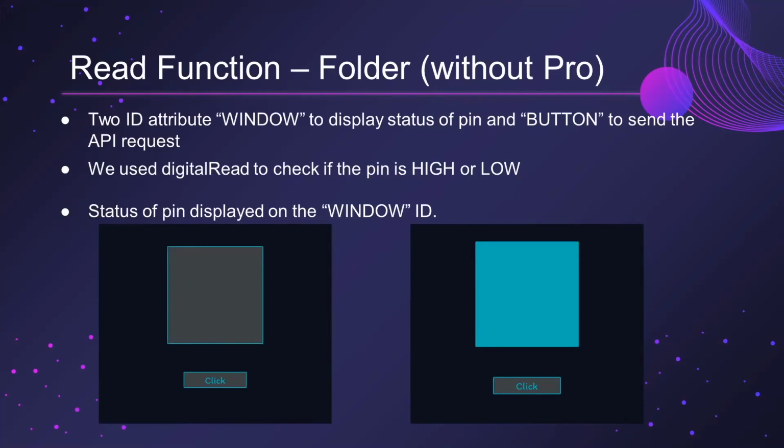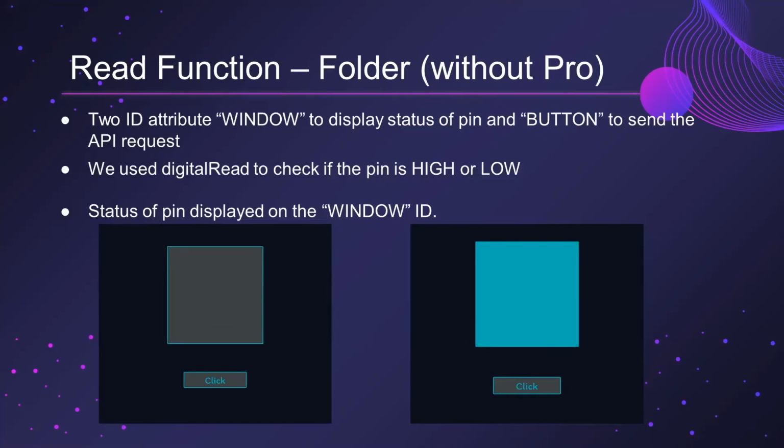Only then your screen will change. And if you want to reverse, if you want to change the color back to gray, then you can just unpress your button and then click on your web page. You can click the button and it will come back to gray.